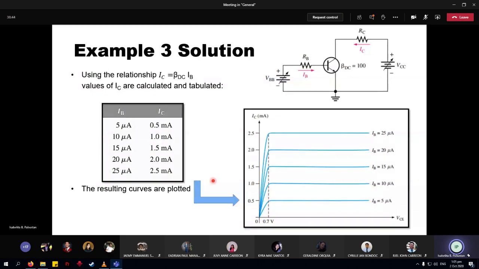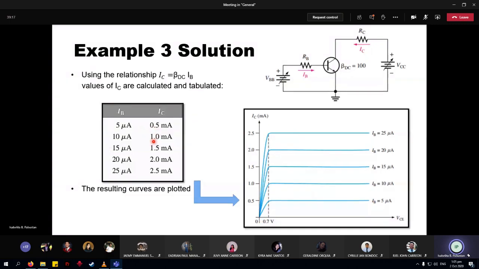Okay, do you get it? You take a look at this one. Again, we use this formula, IC equal to beta IB. So our IC, when our IB is 10 micro, the IC is 1 milli. Number one, you don't plot the IB. You just write it down. Okay? What you plot is the IC.